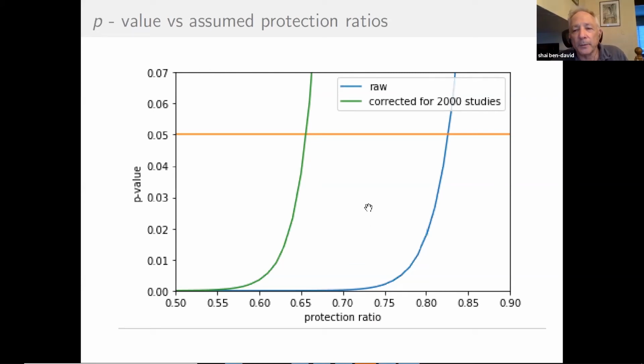So let me explain to you what this graph shows. What we have here is the protection ratio. So this is assuming that the protection ratio is less than this number, what's the probability, the p-value, that we will see such results by chance? The blue line is if we view this as the only experiment running. And the green line is after the Bonferroni correction, bearing in mind that there are many experiments and we only see the most successful.